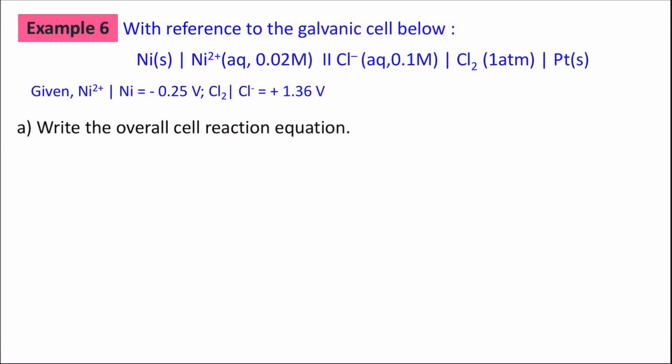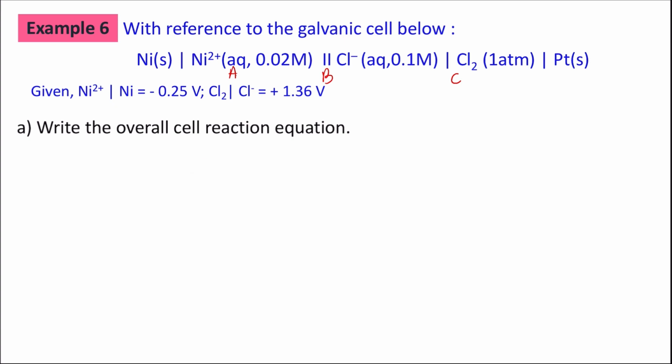So, mari kita cuba one example. So, this is cell notation between nickel half cell, anode, and kita ada bridge, dan chlorine half cell adalah cathode. So, dia bagi SRP value, dia minta awak write the overall cell reaction equation.